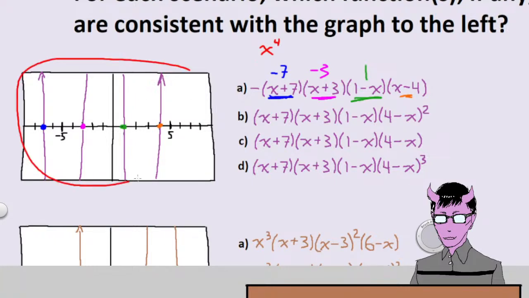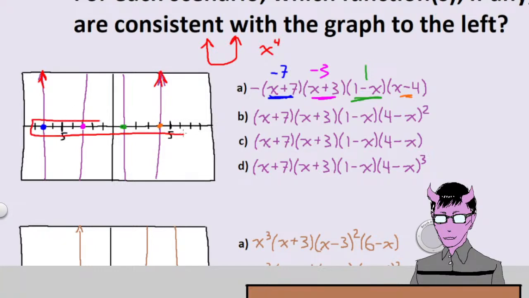So is this consistent? Yeah, looks pretty consistent to me, because x power 4 has the upwards motif for the end behavior. So this one, yes, and then this one, yes. Everything is an odd multiplicity, so it's just going to be pierce through, pierce through, pierce through, and then pierce through. So A is good, so yes. Circle that. All right.